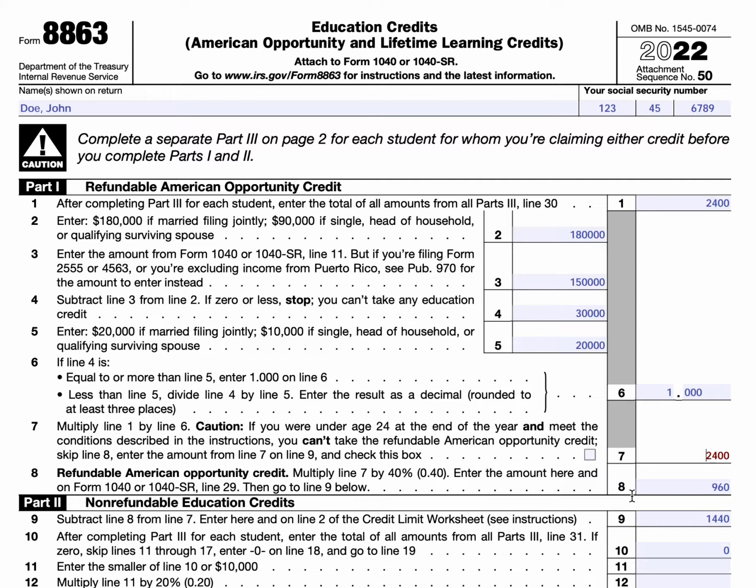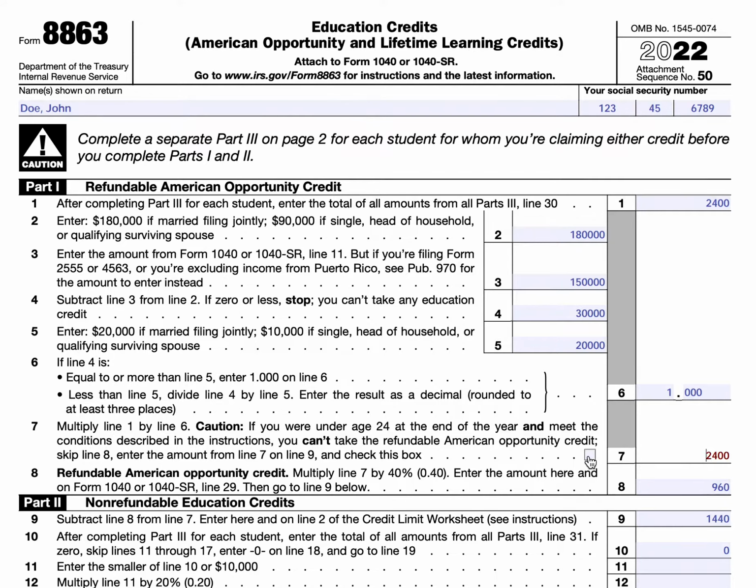So basically, that's a long-winded way of saying if you're a college student completing this form and it turns out that your parents can also take a tax credit on your behalf because they've provided most of your support, then you can't come in behind them and claim the tax credit too. So if you can't claim the tax credit because you're a college student, you would check this box.